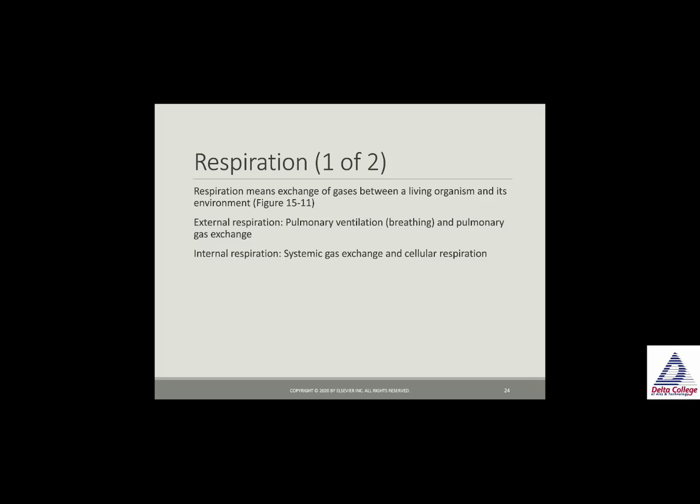Now, respiration means exchange of gases between a living organism and its environment. External respiration is known as pulmonary ventilation, or breathing, and pulmonary gas exchange. Important to know that. Internal respiration is systemic gas exchange and cellular respiration, so it's happening inside the cells.